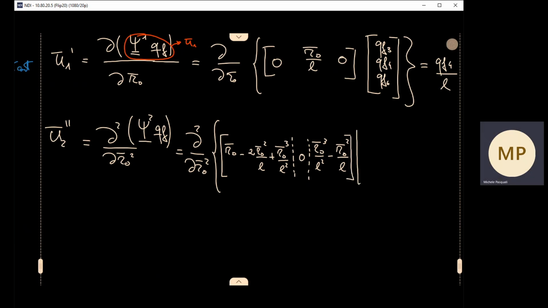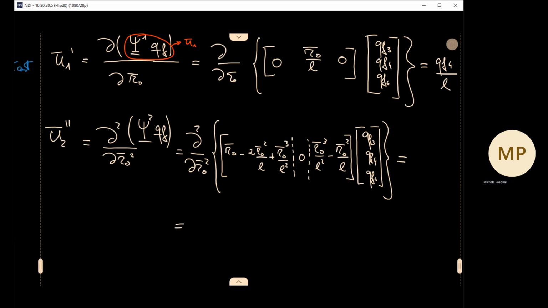And this must multiply QF3, QF4, QF6. So this is the second row of the Psi matrix. And what you get, if you do this, so again, this is U2.